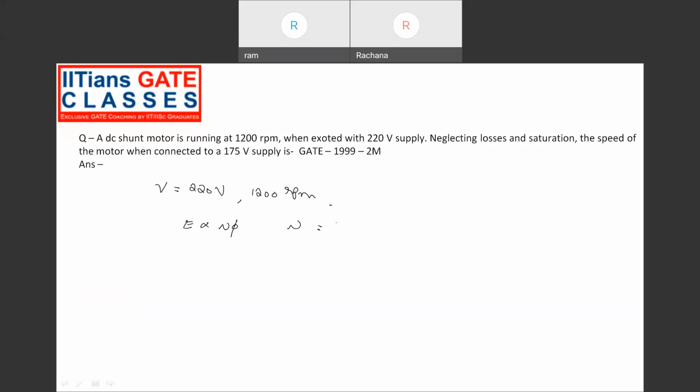N is proportional to E by phi, that is proportional to V minus IaRa by phi. Neglecting losses, I can neglect this drop, so that's proportional to V by phi.